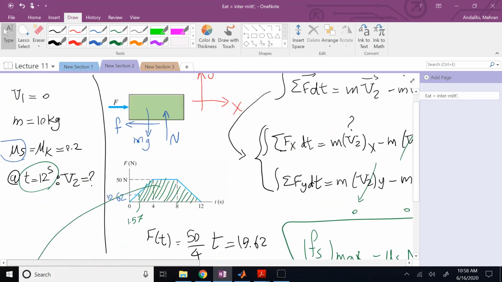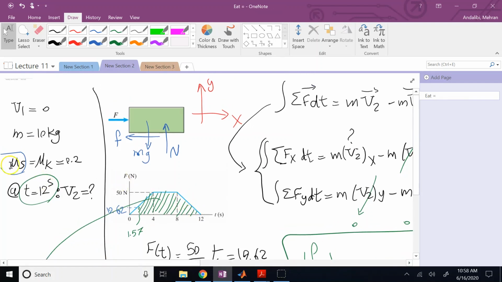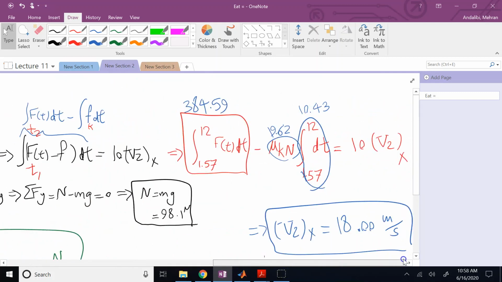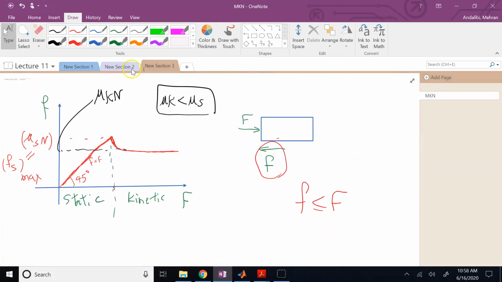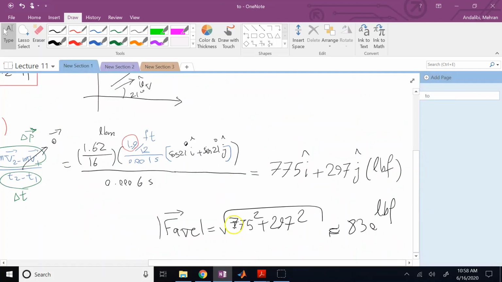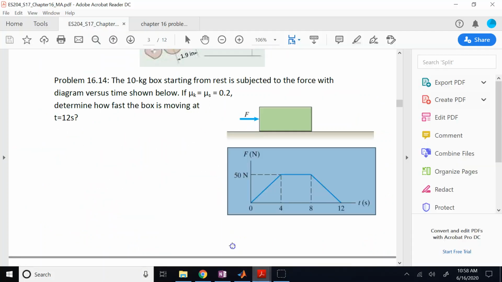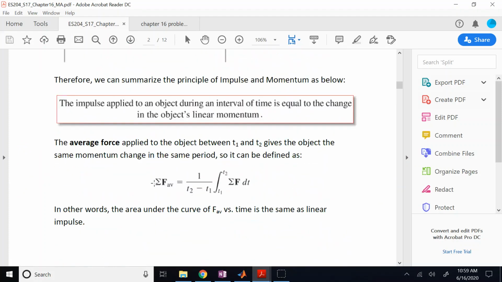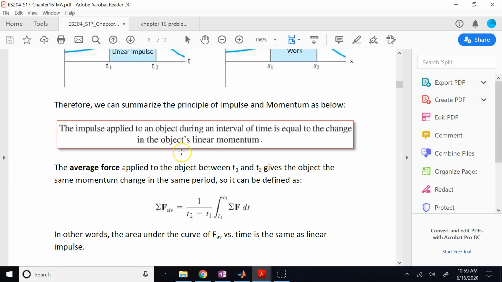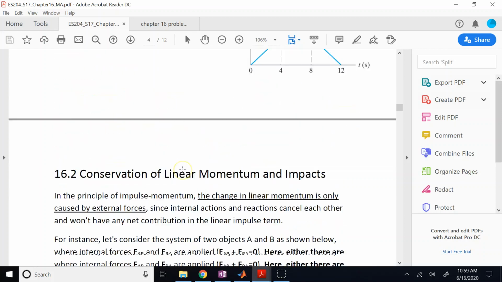Okay, so we have to make sure that the motion exists before we can just simply apply anything and solve the problem. That's the major thing here. Okay, so I guess I could cover the first topic, and use it to solve problems.